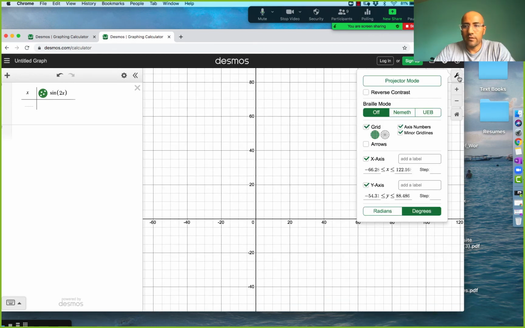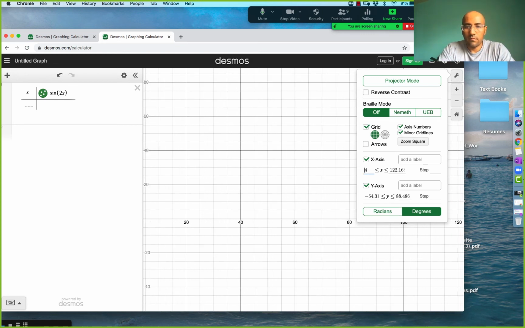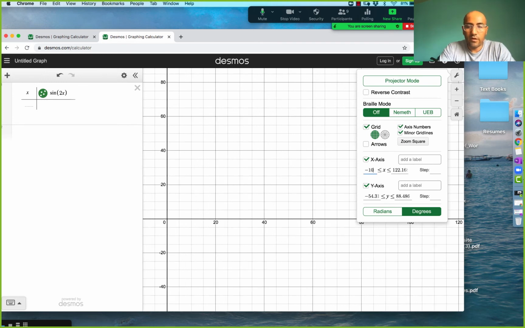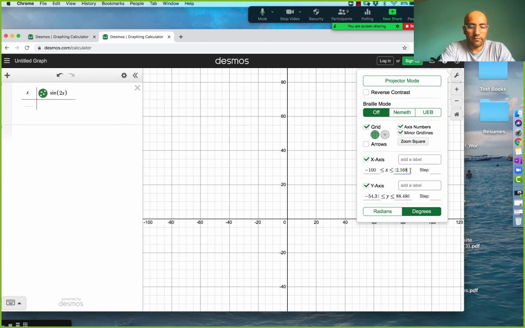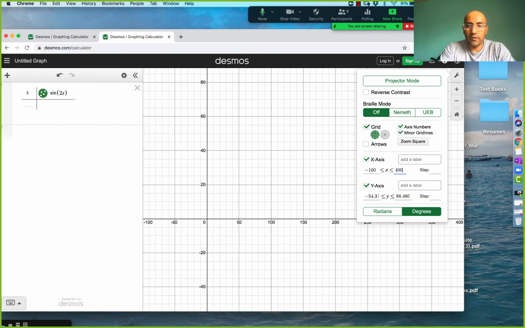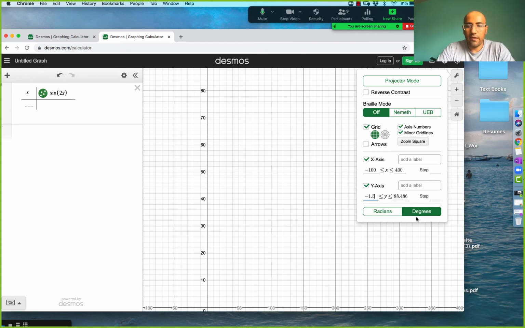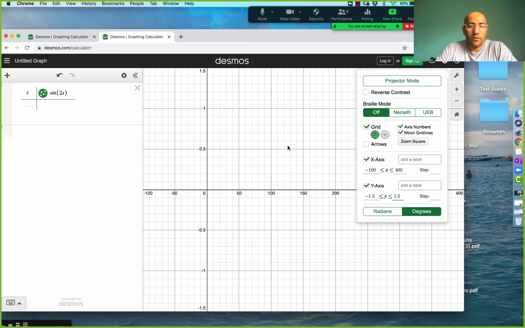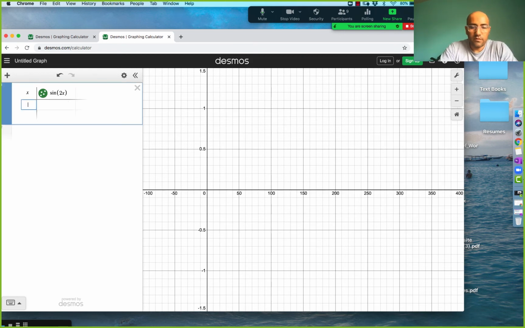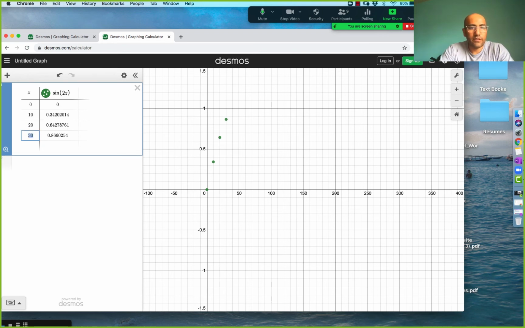Let's make this negative 100 degrees to positive 400 degrees, and this is negative 1.5 to positive 1.5. Okay, so 0 goes there. Now let's say I want to do 10 degrees, and then 20 degrees, and 30 degrees, and 40, 50, 60, 70, 80, 90.